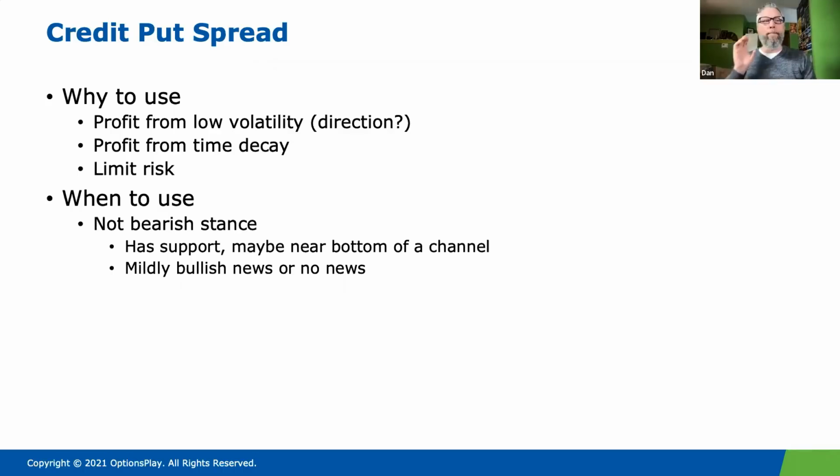So guess what? The put credit spread is just as easy. It's basically the call credit spread, but for the opposite scenario. We use it because we believe there will be a low volatility environment, maybe drifting a little higher or at least not going down, and we want to profit from time decay with limited risk.